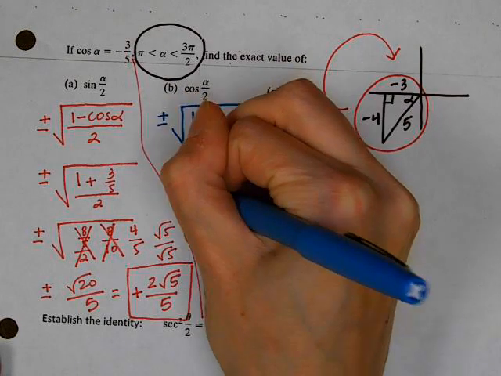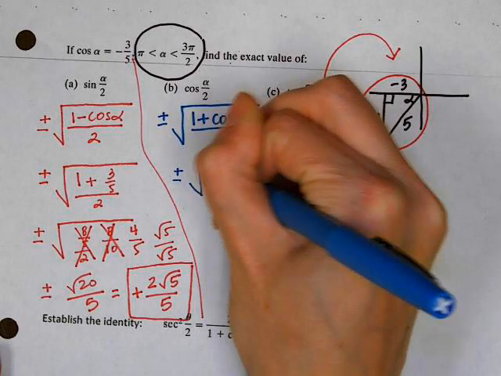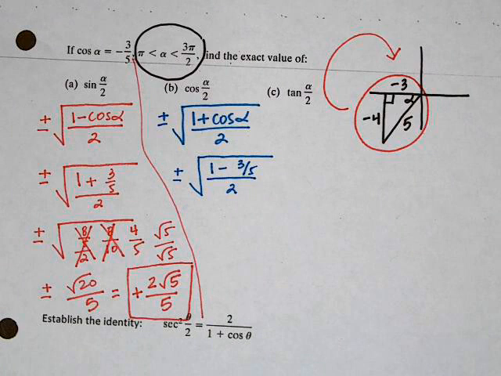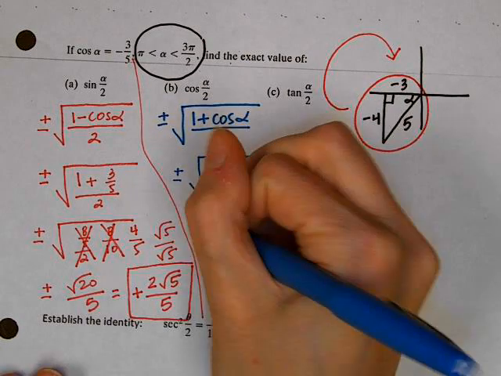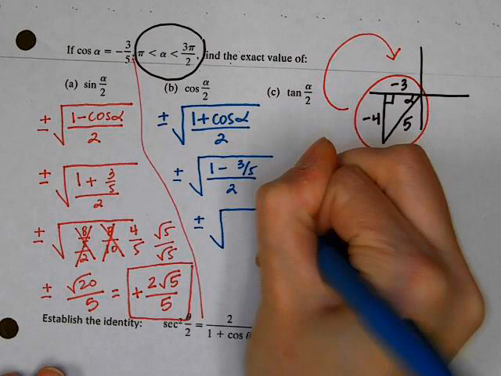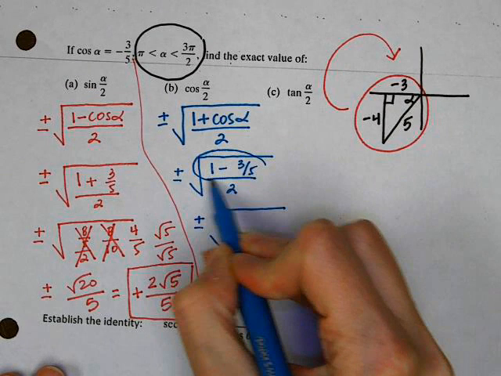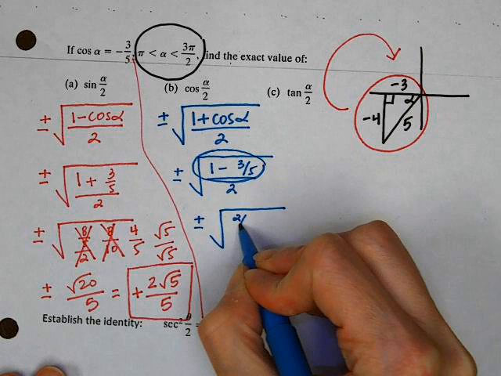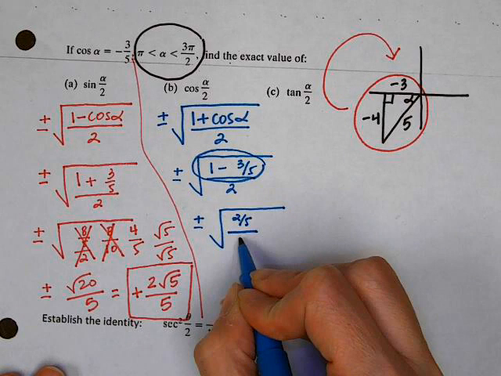So it's plus or minus the square root of 1 minus 3/5 all divided by 2. All right, and that's plus or minus the square root of, if you get a common denominator, 5/5 minus 3/5 is 2/5, but then we still have divided by 2.